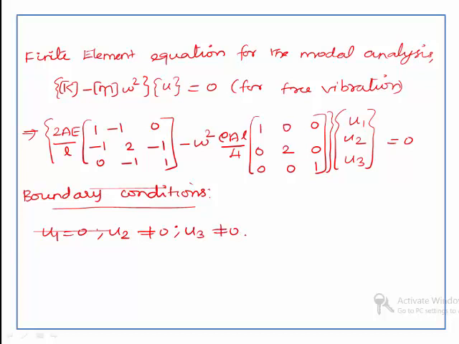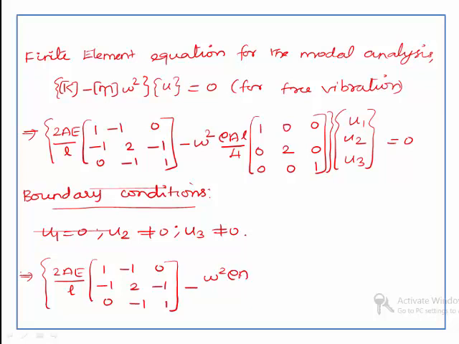Substituting that, we get 2AE by L times [1 minus 1 0; minus 1 2 minus 1; 0 minus 1 1] minus omega square rho A L by 4 times [1 0 0; 0 2 0; 0 0 1], with U1 equal to 0, U2, U3.